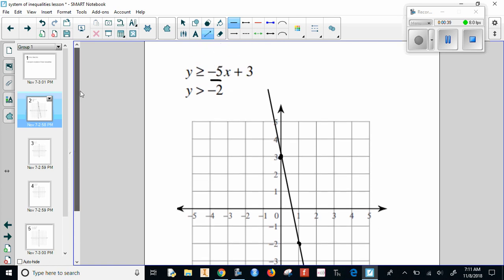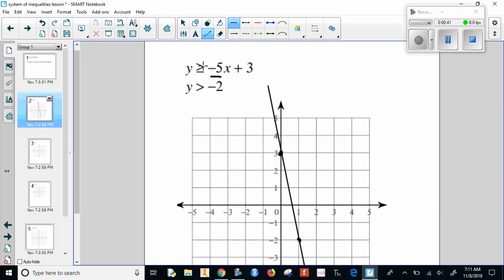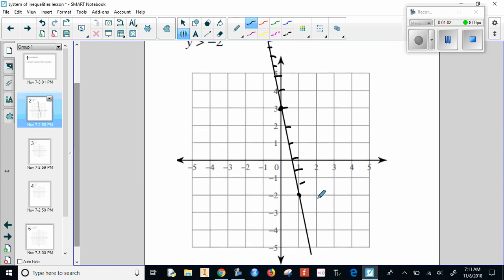Now we have a greater than or equal to. It's a solid line, so it's equal to. Greater than would be we're going to shade one side. And what I like to do is just a tiny shade right here, just to show that this is the direction for the first one.